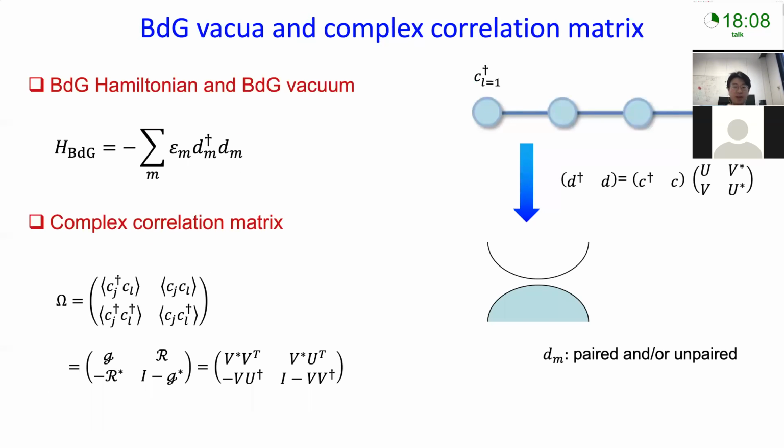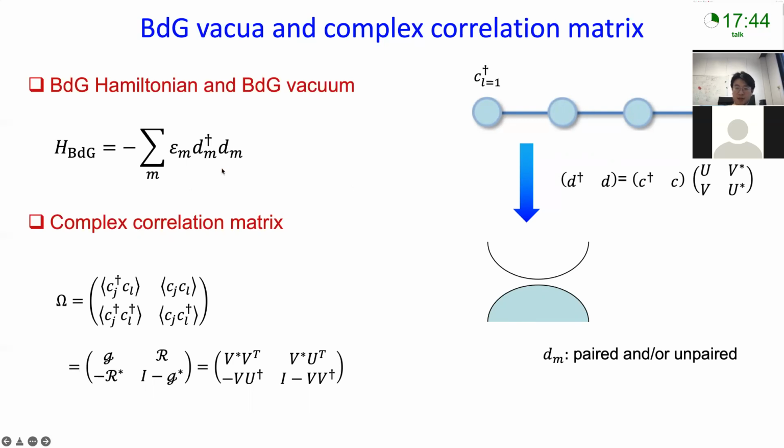Okay, so let me first introduce what the correlation matrix is. Again, we start with a diagonalized BDG Hamiltonian, which is obtained by the BDG transformation. U and V are the corresponding BDG wave functions for the particle and hole parts respectively. And it is a free fermion system, namely the BDG vacuum is a fermionic Gaussian state.